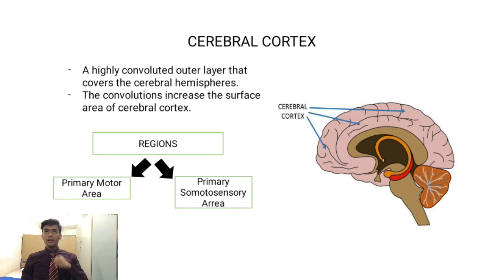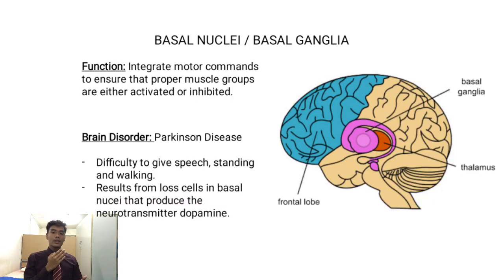The cerebral cortex also has two regions, which are the primary motor area and the primary somatosensory area. Moving on to our last major part of the brain, the basal nuclei.